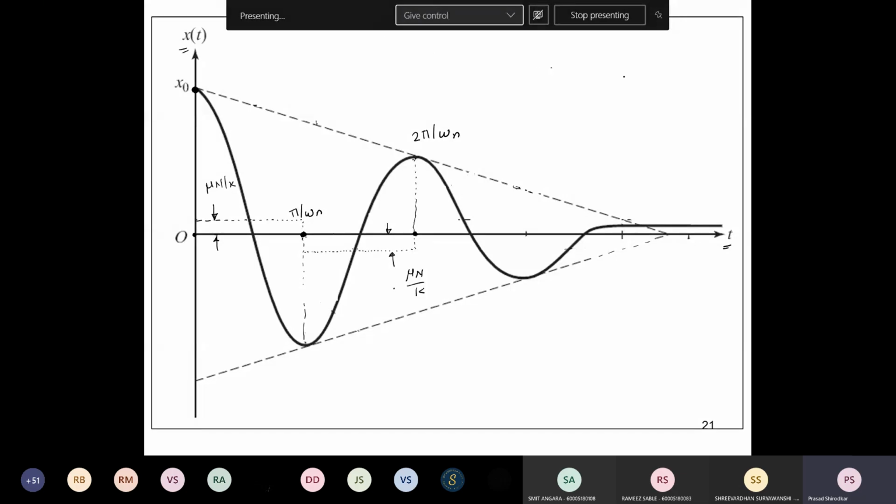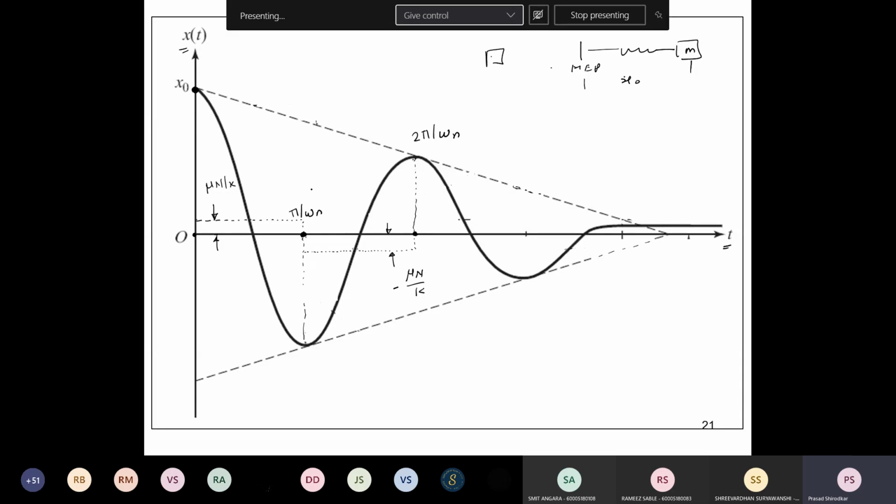The mass is initially stretched from the mean equilibrium position and placed at this extreme position. So this is the initial position of the mass, and this is your x0. Then it goes from x0 to the other side.